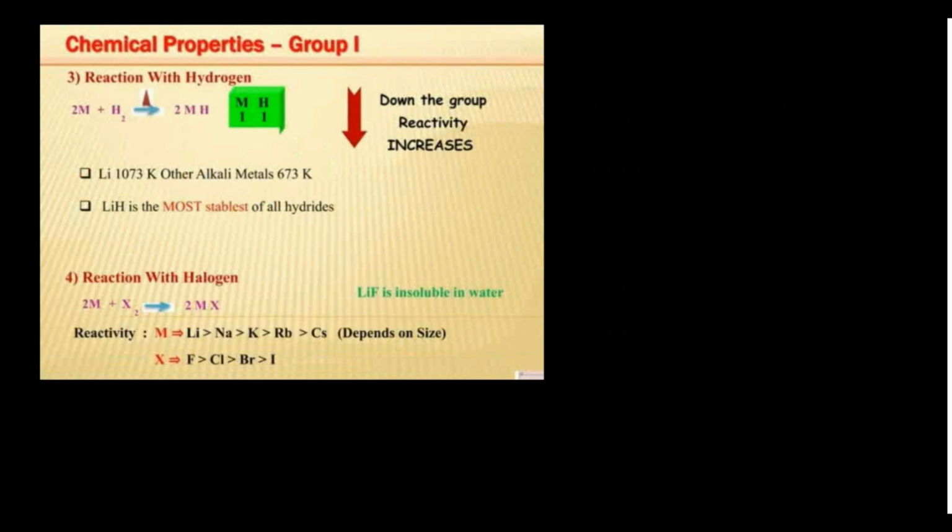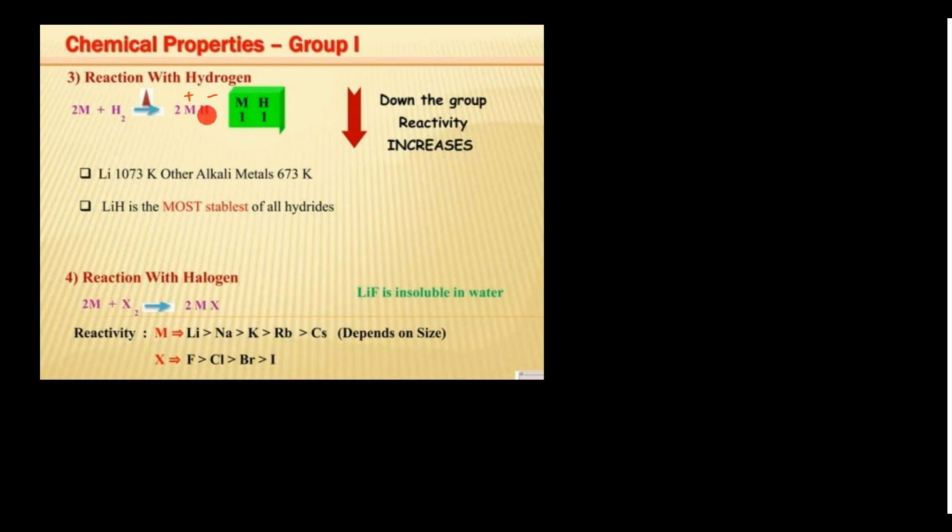And my next property is reaction with hydrogen. So when alkali metals react with hydrogen, that means if you take a mixture of the alkali metal along with hydrogen and heat them together, it results in the metal hydride, right? Why metal hydride? Because hydrogen is in a negative oxidation state and the metal is always positive.